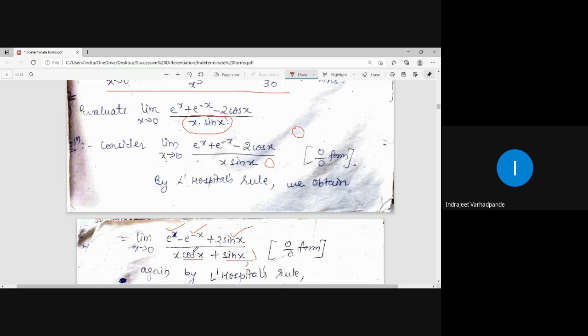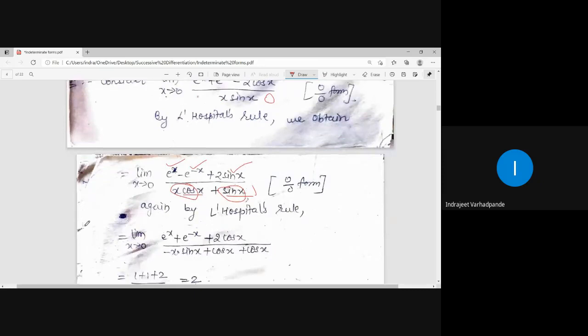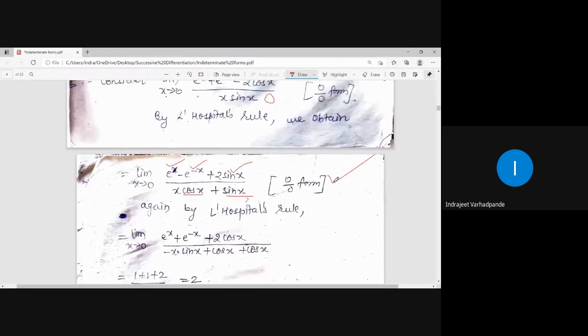But still this is giving you 0 plus 0, that is 0. Right? So again we have the L'Hospital's rule. Again you are getting the form 0 by 0.